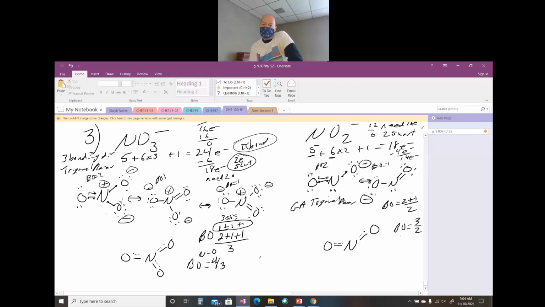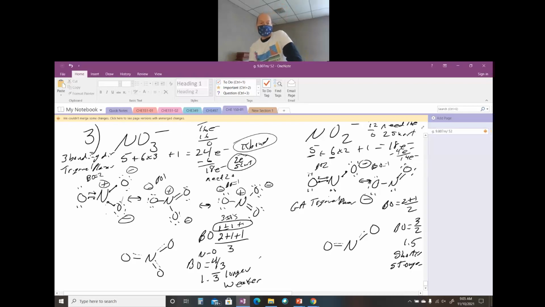And so a bond order of 3/2, or 1.5, versus 4/3, 1.3 repeating, you see that this is a larger number. And so this is a shorter bond and it is stronger. This is a longer bond and it is weaker, just by the bond order.